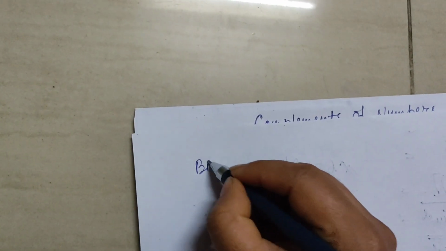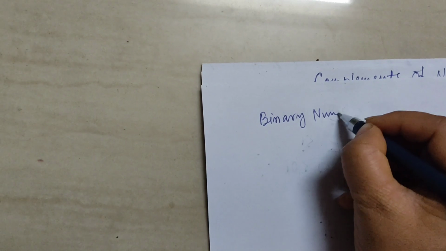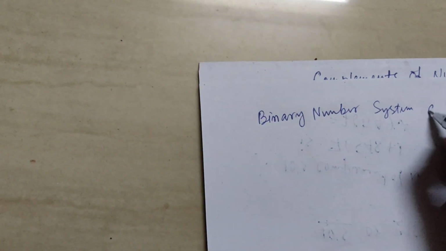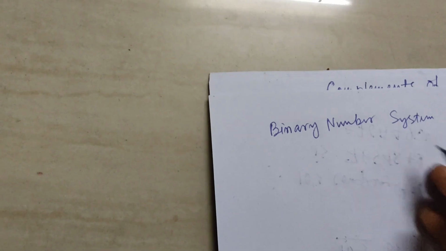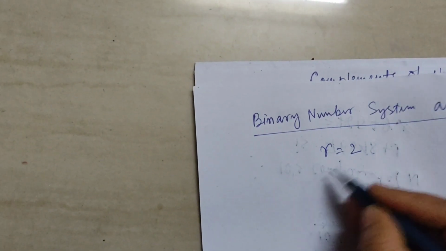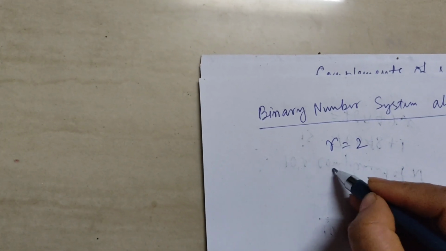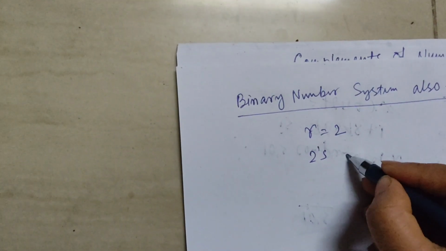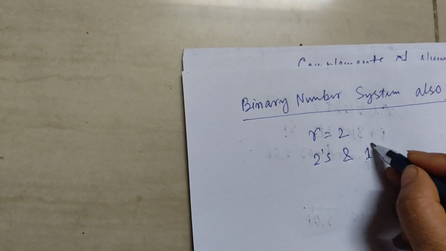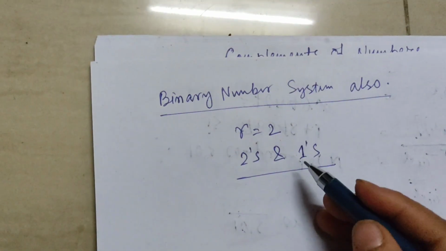In the binary number system r is 2. So one is r's complement, that is 2's complement, and another one is r minus 1, that is 2 minus 1, that is 1's complement. So these two complements are in the binary number system.